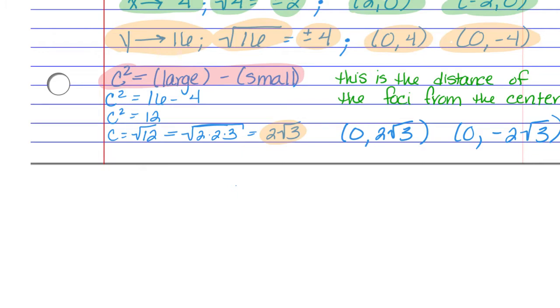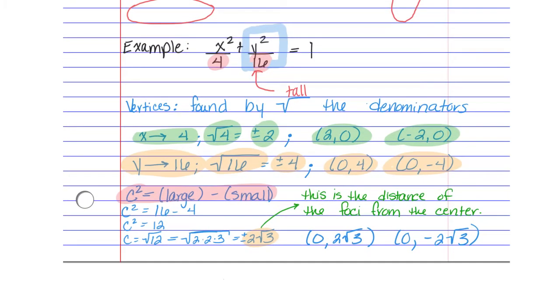Because I am looking at movement, then I can say that I have both a positive and a negative. Now, the foci, remember, is the distance from the center along the major axis. So when we come back up here and we look at this particular example, my major axis here was y because my larger value lied underneath my y in my fraction.